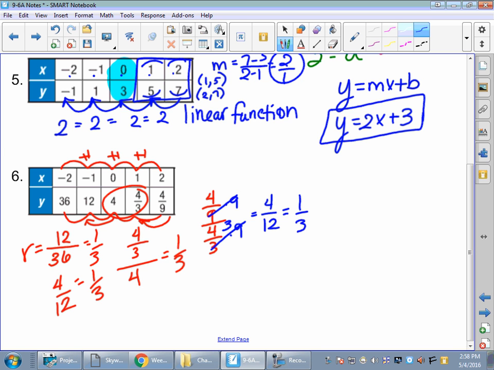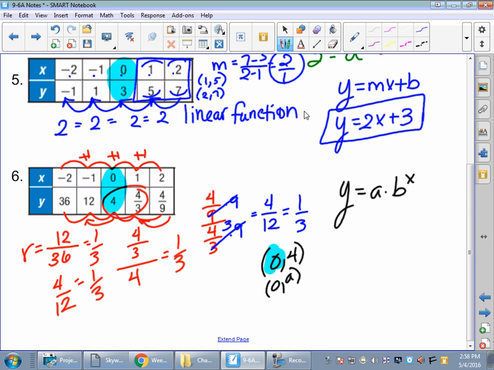So they all became 1/3, and that tells me that I'm looking for y equals a times b to the x. My a value, if I'm lucky enough to have it, is right here, 0, 4. So 0, 4 is my a value, and that's my y-intercept.